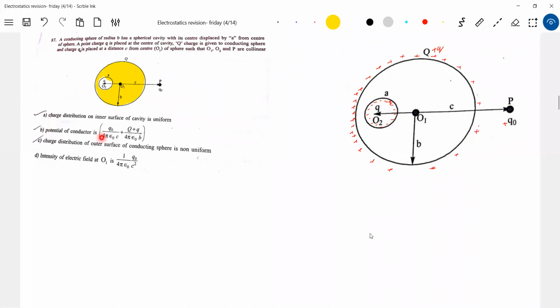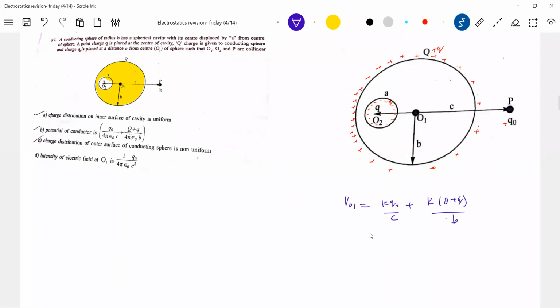Then the potential of the conductor is being asked. We'll calculate the potential at any point, either here or here, it should be the same. Let me take point O1. So the potential at O1 should be equal to, due to this point charge, KQ naught by C, plus the charge on the outer surface, whether uniform or non-uniform, it should be this much.